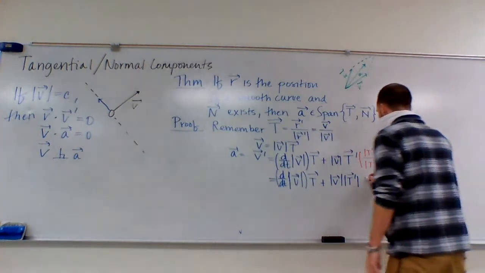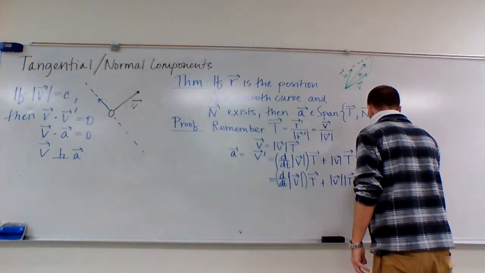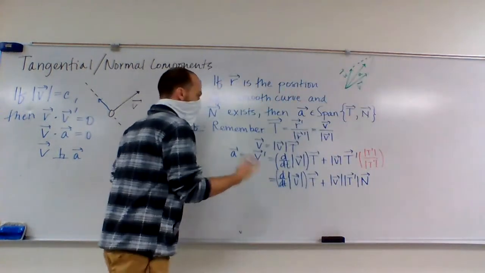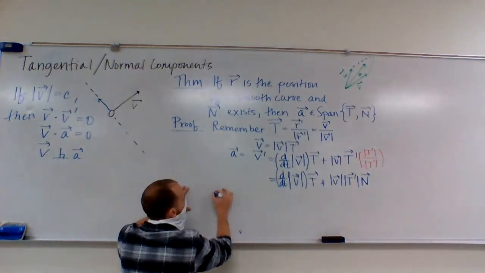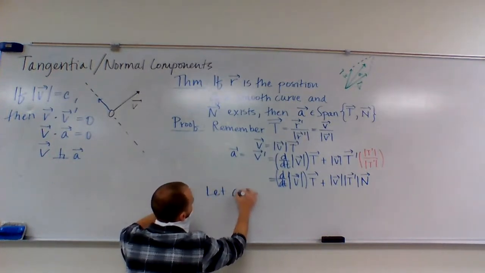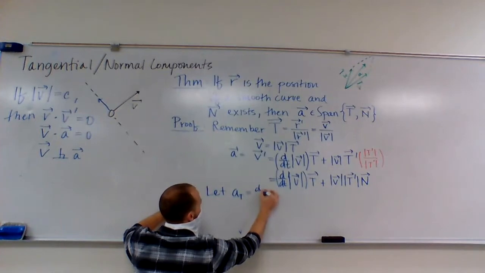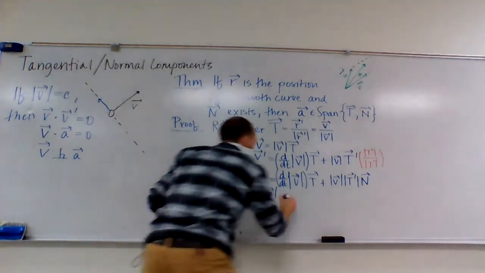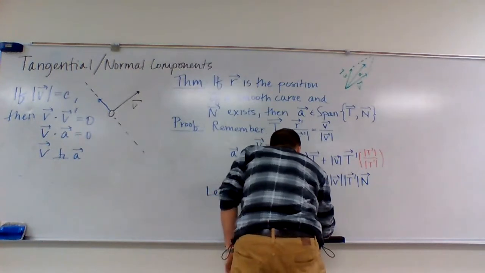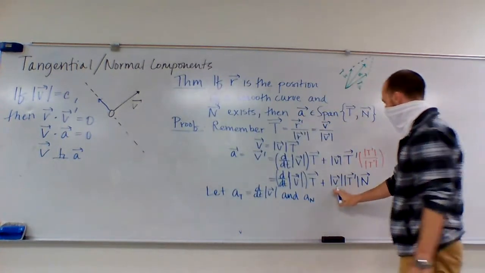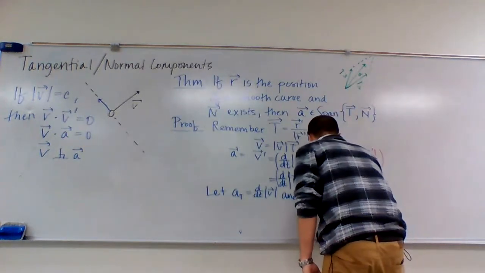That's the definition of N. And so now I'm going to define A_T to equal the derivative of speed, and A_N to be this product here, the speed times the length of T prime.